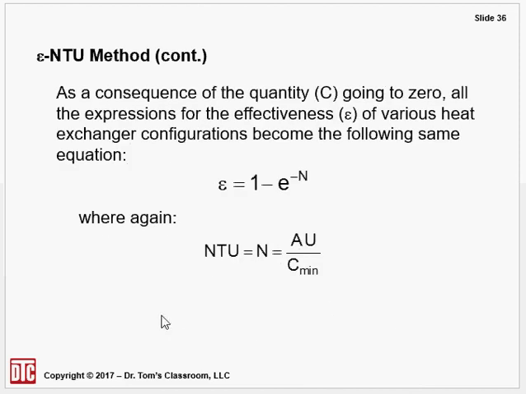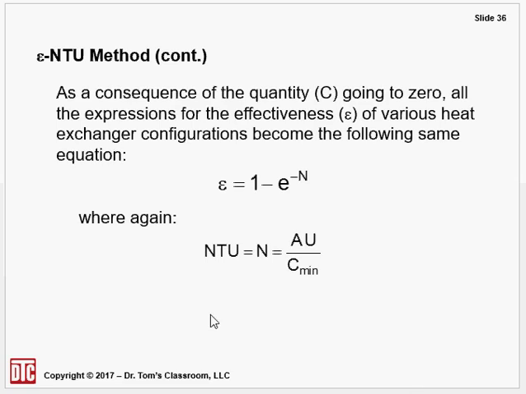And what happens is that if C goes to 0, then all the expressions for the effectiveness epsilon become a singular equation. It becomes 1 minus e to the minus N, where again N is really NTU, which is the AU over C minimum. It's very interesting.